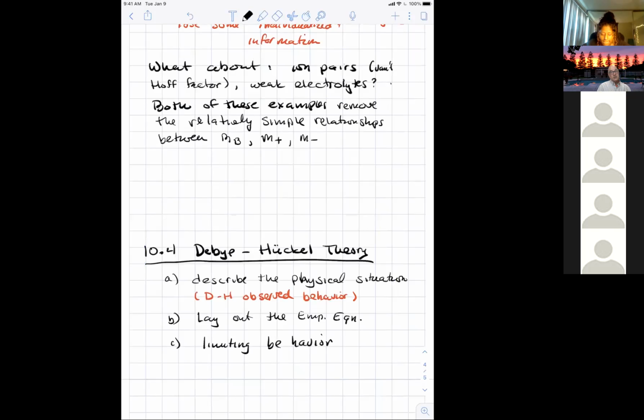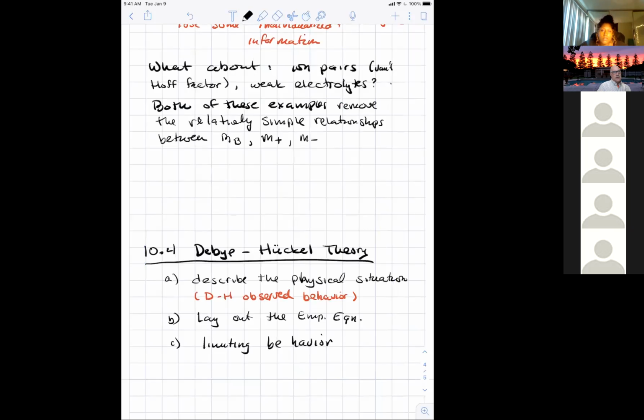negative ion. For a strong electrolyte, it's just a simple matter of applying the stoichiometry, and we know what these concentrations are. But if we have something like acetic acid, probably the most generic example you can think of. Acetic acid is about 1 or 2% ionized in dilute solutions, maybe up to 5% ionized in dilute solutions, right?